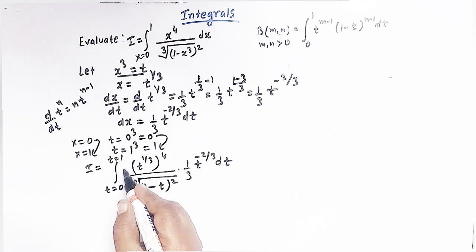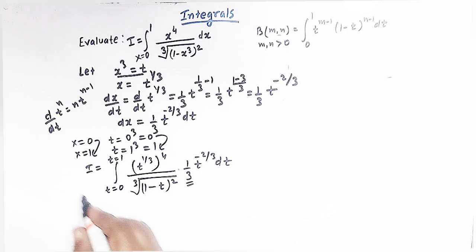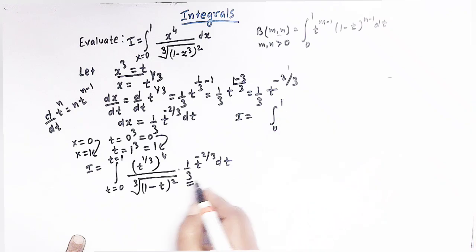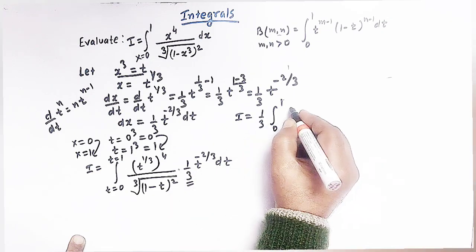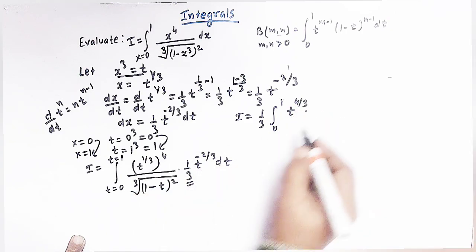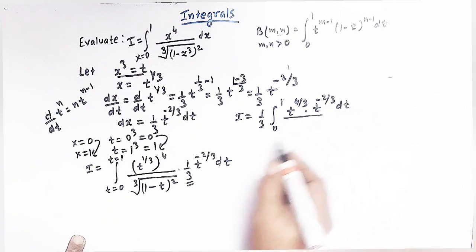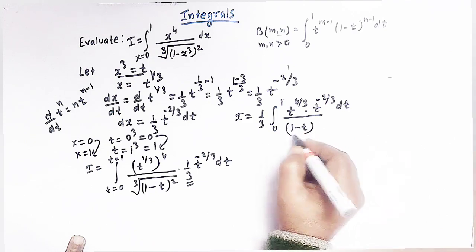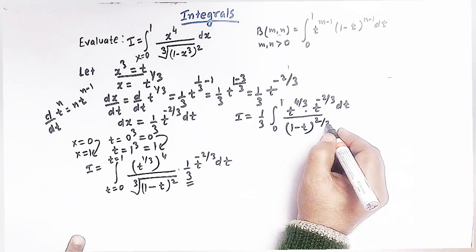So now let us simplify this integral. So now we can write this integral I as 0 to 1, and here we can take this term 1 over 3 outside the integral. Then we have t raised to 4 over 3, and t raised to minus 2 over 3 dt, and in the denominator we can write (1 minus t) squared under the cube root, so here we can write 2 over 3.